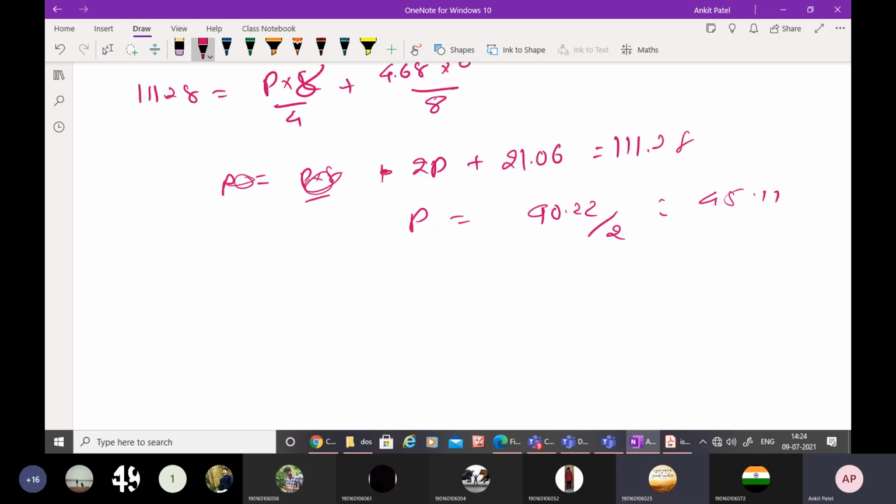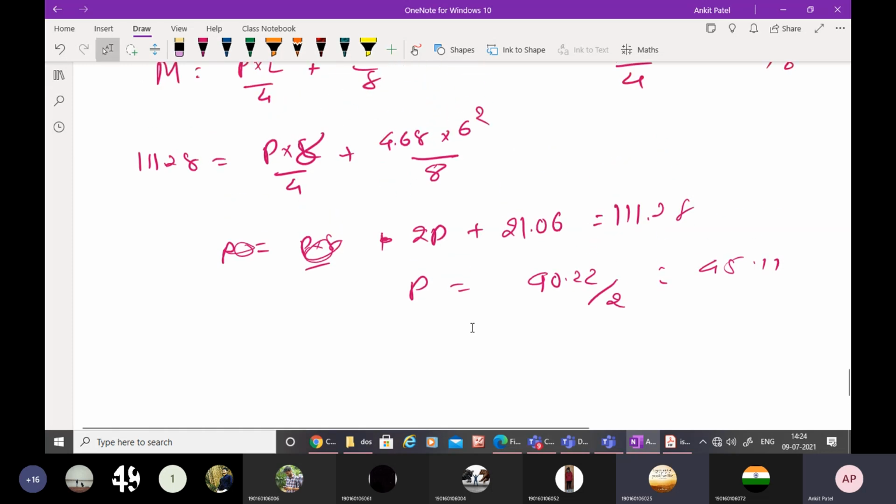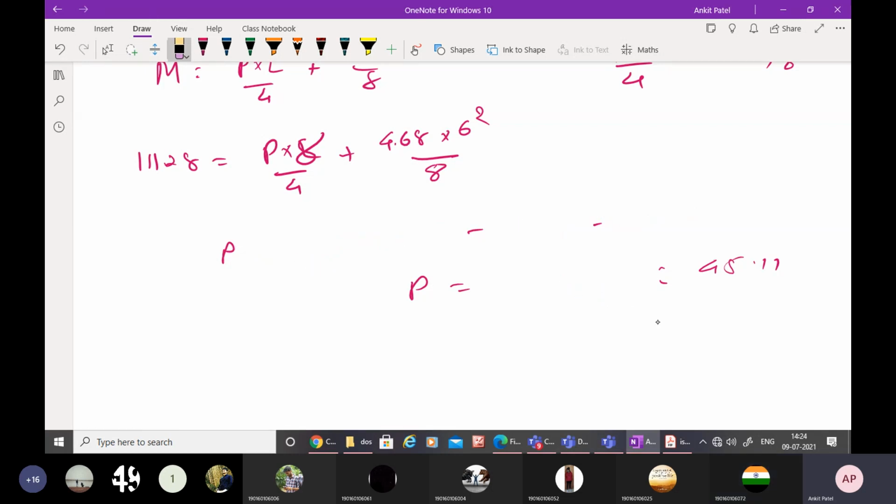Again please check it, is there any error? Yes, give me the answer again. There is some calculator error, so just wait a minute. Again I'm going to rub this and let's make the calculation again.